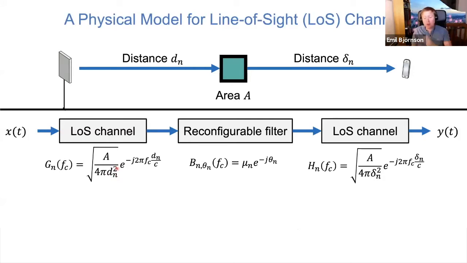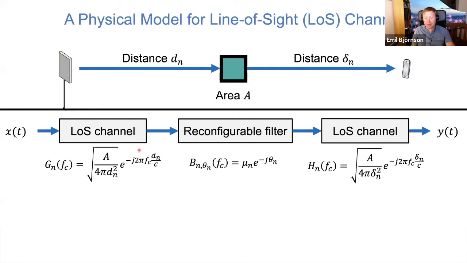And then since we are talking about things in the amplitude domain here, we take the square root. And then you get a propagation delay, where the signal needs to propagate d_n distance, and it propagates at the speed of light.